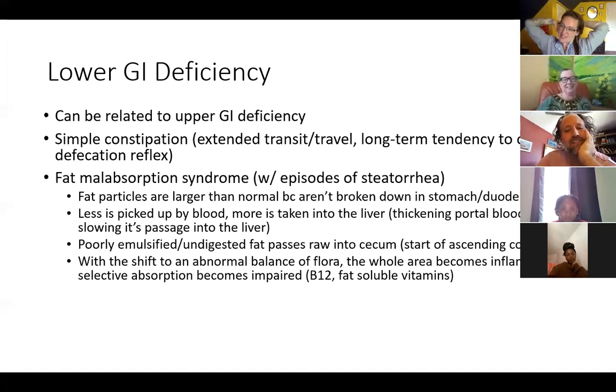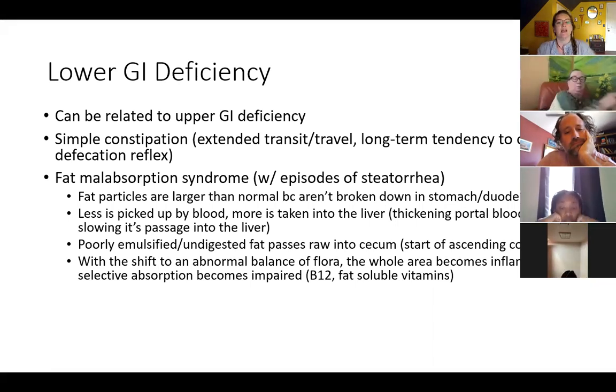Okay, so lower GI, of course, can be related to upper GI deficiency. Lower GI can be simple constipation, that's extended transit and travel time through your lower intestines. And that's your long-term tendency to overlook the defecation reflex. Simple constipation just means you have to go to the bathroom, but you're on a really long road trip, so you hold it.